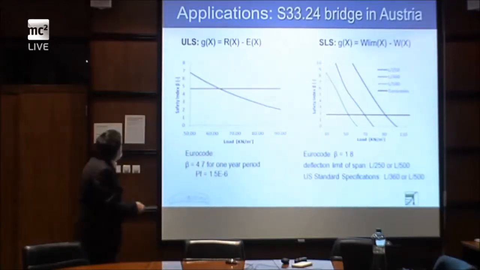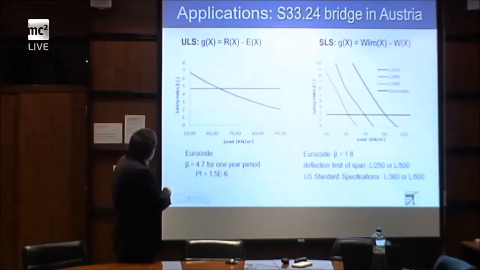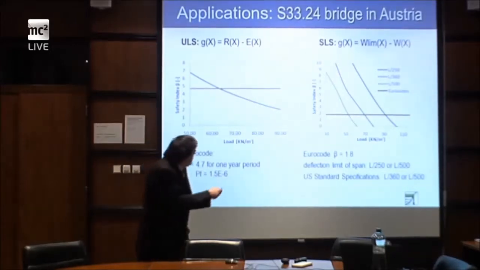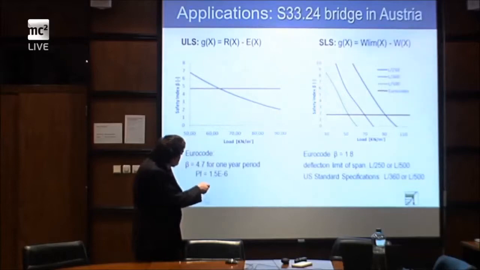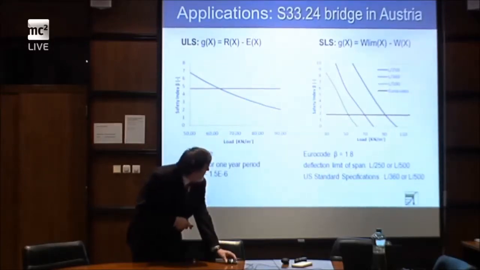The results of reliability analysis for the ultimate limit state and serviceability limit states are in these pictures, compared for the ultimate limit state with Eurocode, and this is the decrease of reliability index related to the mean value of the loading. In serviceability limit states the picture is more colorful because there are different deflection limits of the span under different specifications, different from Eurocode or US standard specification, so we have more here.